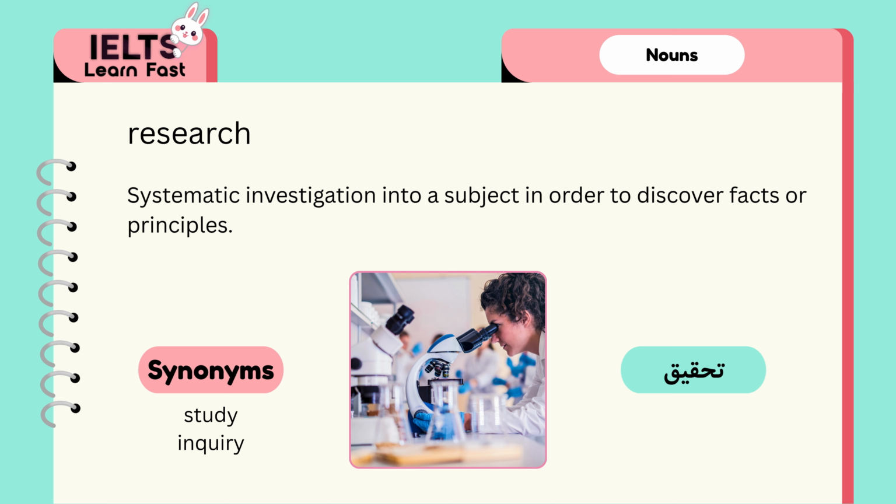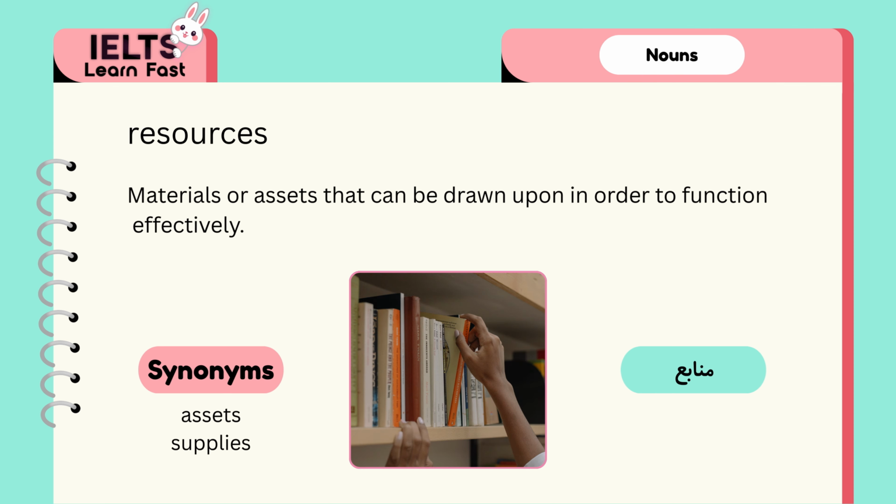Research: systematic investigation into a subject in order to discover facts or principles. Synonyms: study, inquiry. Resources: materials or assets that can be drawn upon in order to function effectively.